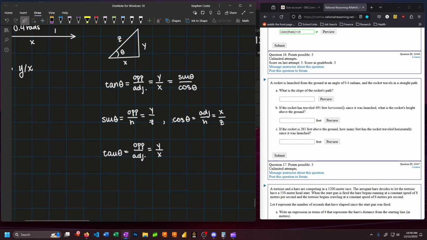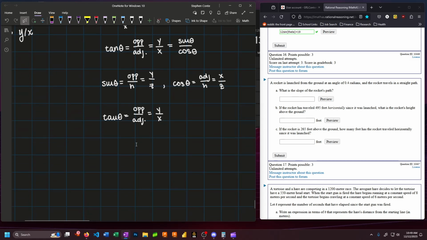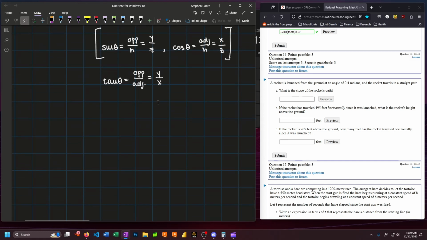If I take these two expressions, sine theta equals y over z and cosine theta equals x over z, I can solve for y by multiplying by z: z times sine of theta equals y.